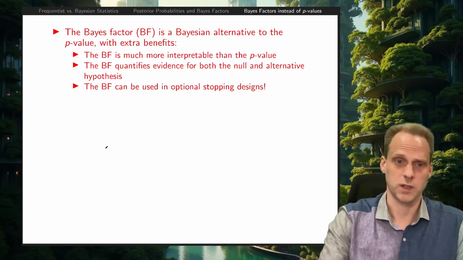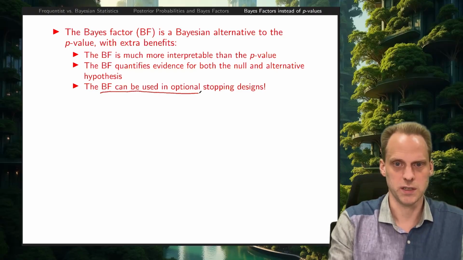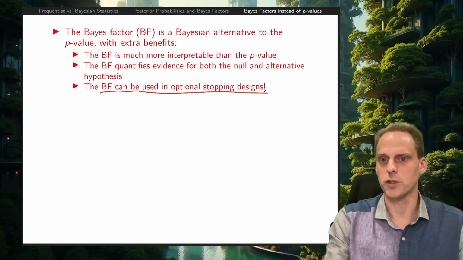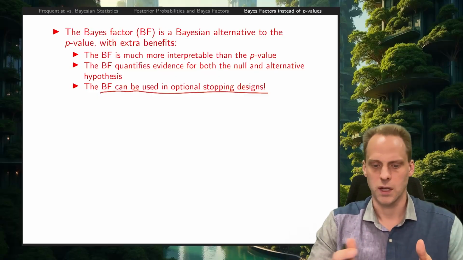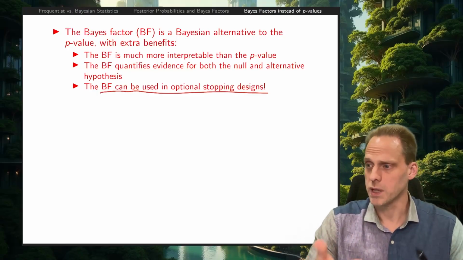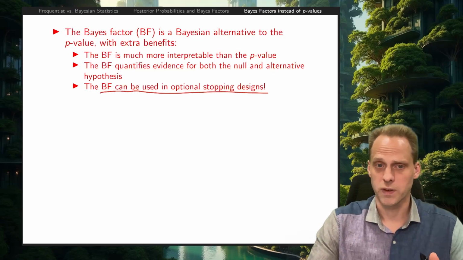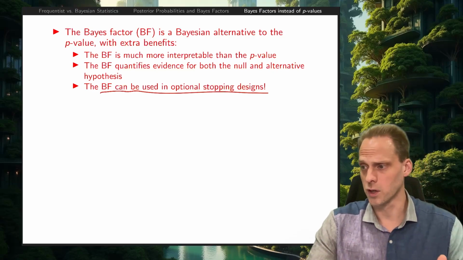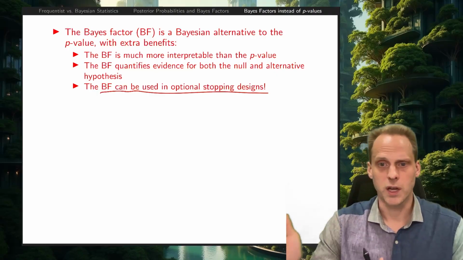Another thing, I don't want to talk about it too much, but the Bayes factor can be used in optional stopping designs. It allows you to do that because it quantifies evidence. And if you get more data, you use Bayes rule again, basically, to update your knowledge. So because we use the Bayes factor to objectively update our knowledge as data comes in, we can actually look at it at any point in time.